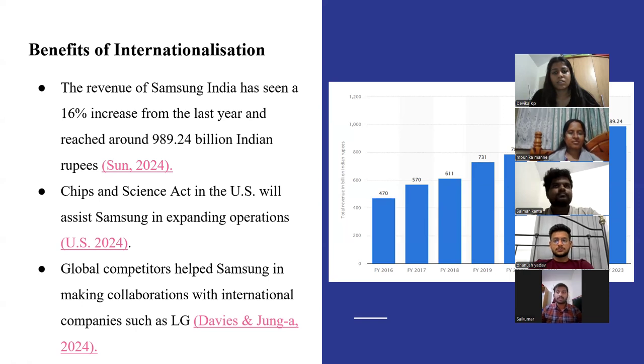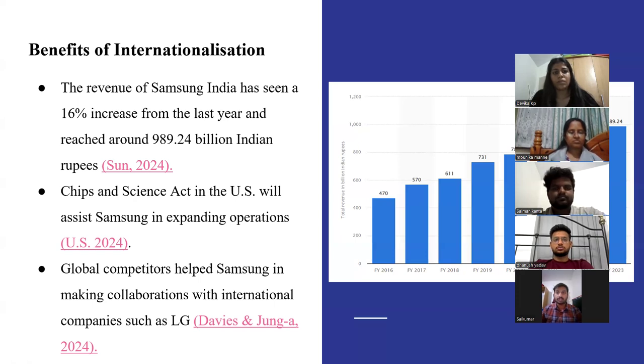Samsung saw the opportunity and started business in India, which has provided benefits, as Samsung generated around 989.24 billion Indian rupees in financial year 2023, showing a 16% increase from the previous year. Government subsidies like the CHIPS and Science Act assisted Samsung in expanding its operations in the US.